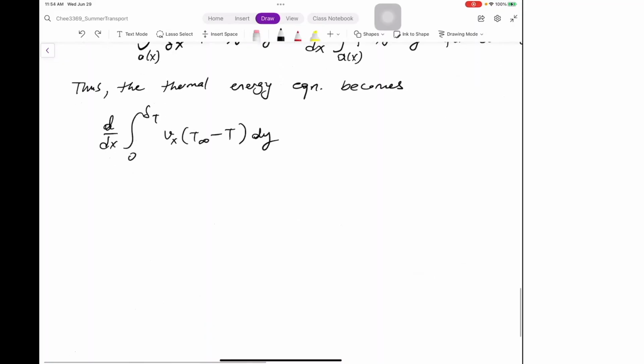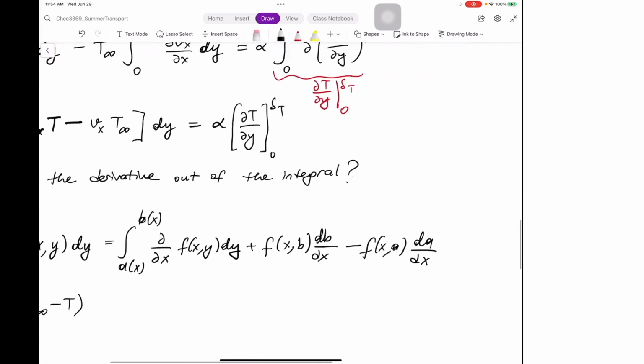Is equal to the right-hand side, which is alpha times del t over del y at y is equal to 0, right?